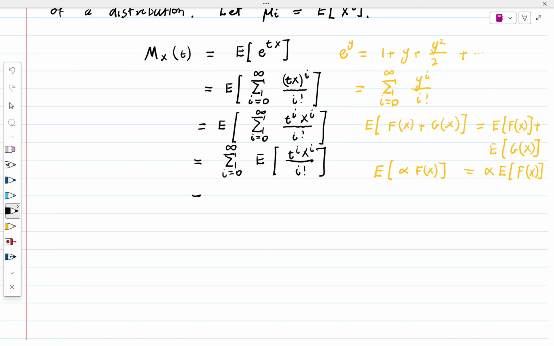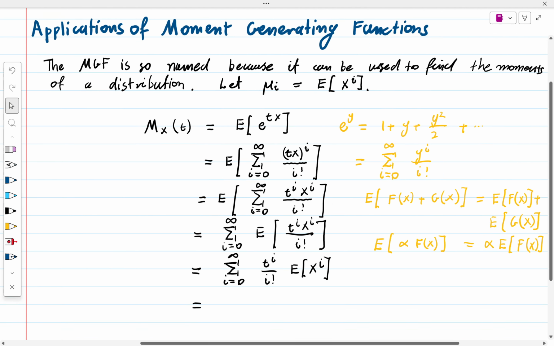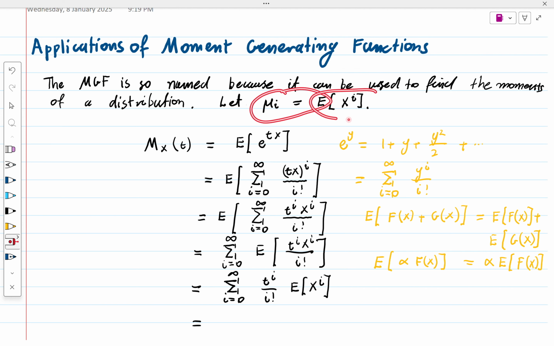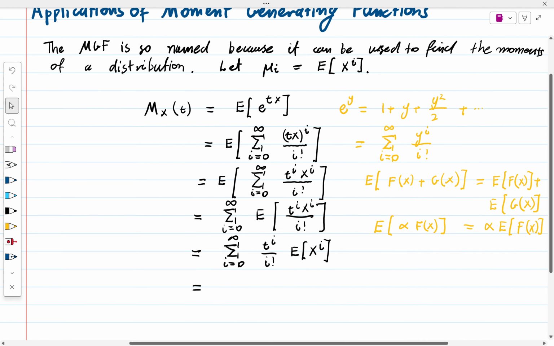So that becomes the sum from i equals 0 to infinity of t to the i over i factorial times the expectation of x to the i. And finally, recall we defined mu i as the ith moment of x.